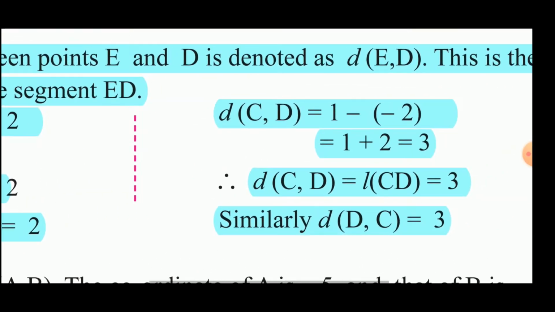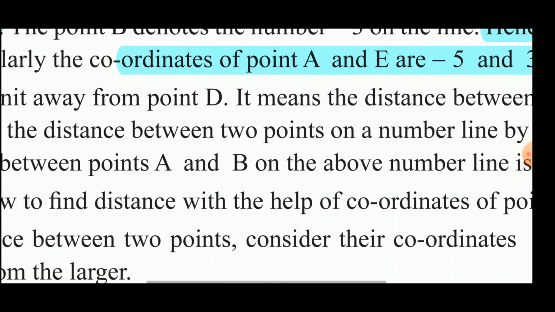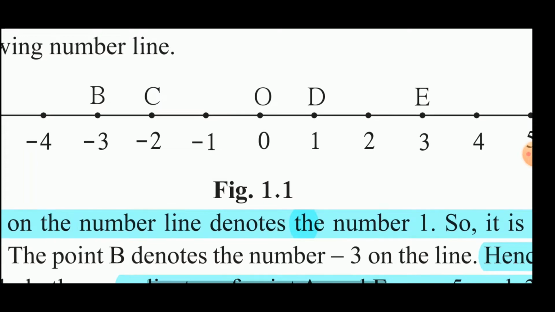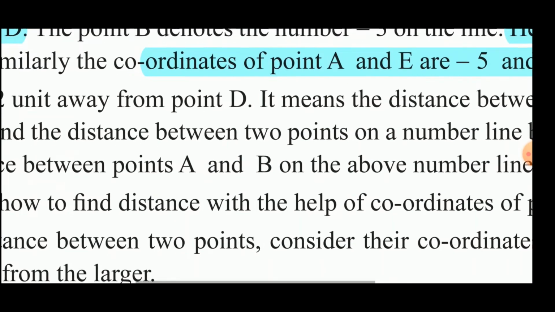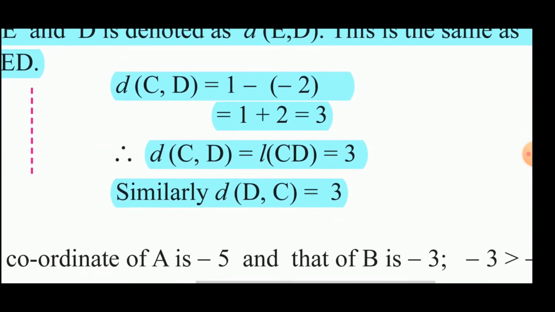Now if you want to find out the distance CD, see in the figure here, the coordinate of the point C is -2 and the coordinate of the point D is 1. So -2 is smaller than 1. So distance CD will be given by 1 minus -2. Minus into minus is plus, 1 plus 2 is equal to 3.